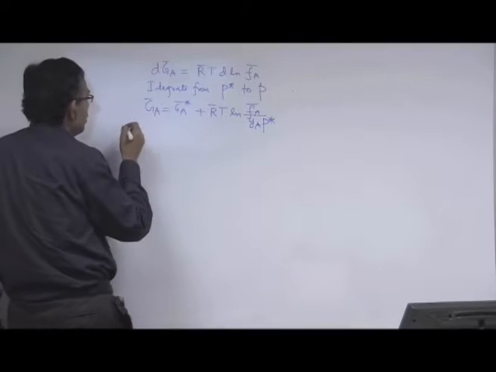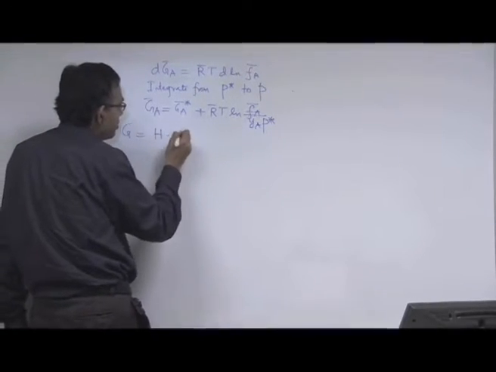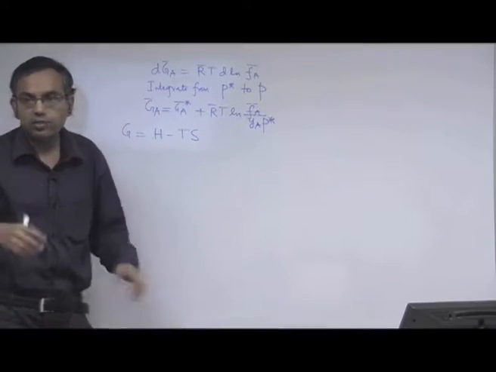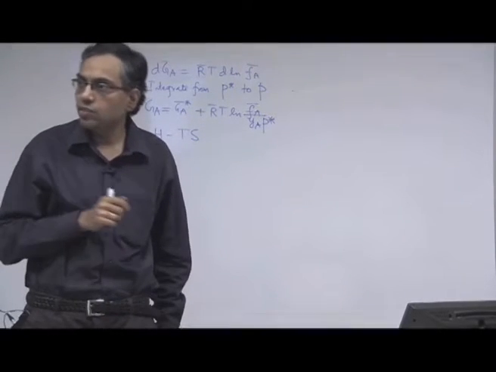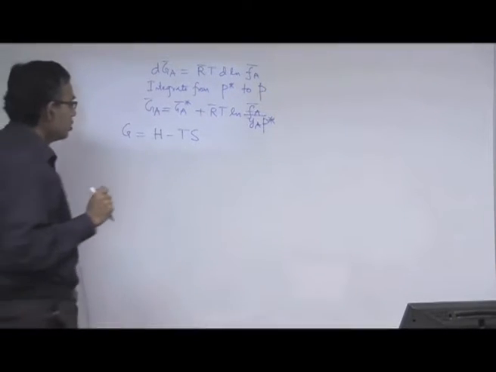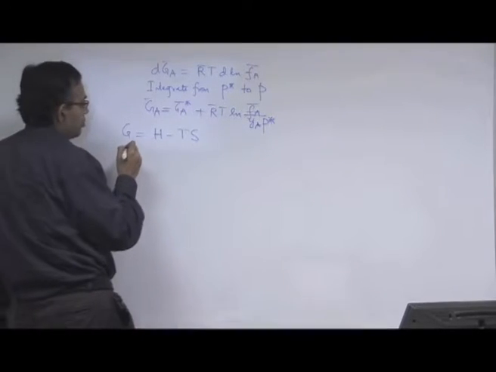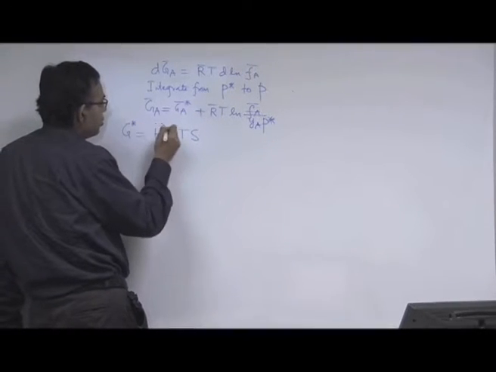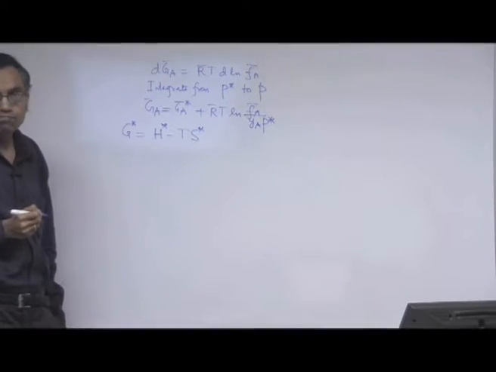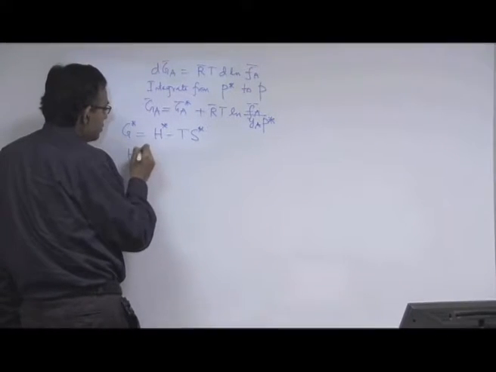So now what is G? G is equal to H minus TS, that is the definition of G. No matter what, whether it is mixture or single component or whatever, G is H minus TS. So we have two components A and B. So G star is equal to H star minus T S star, star means ideal gas. Now what is H star?